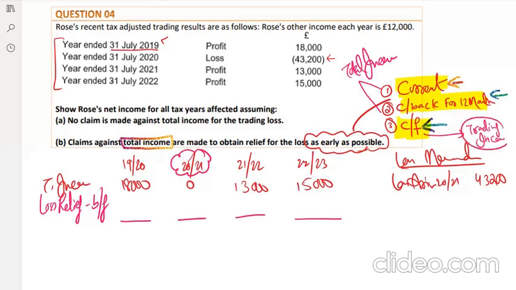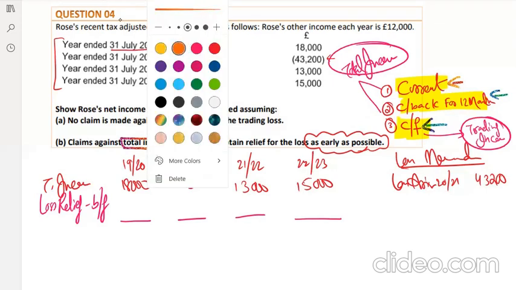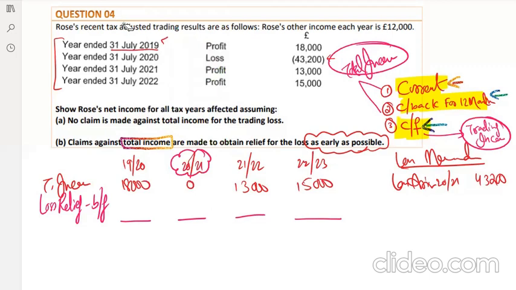Carried back is for 12 months. Current year and carried back will apply from total income, although carry forward will apply from trading income. Got it?